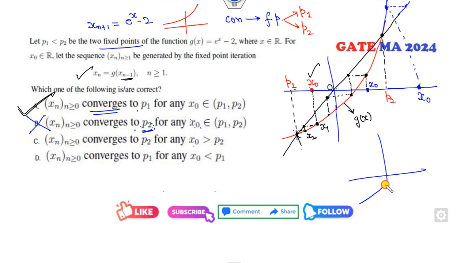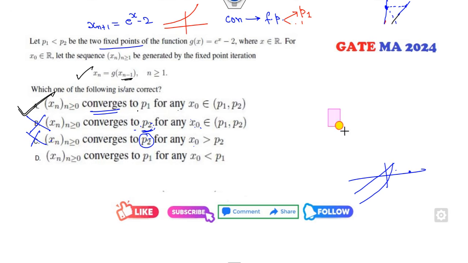Then definitely it will be divergent because it is very far away from the fixed point. Therefore, converges to P2 is a wrong option.